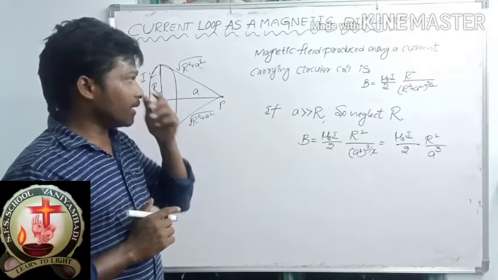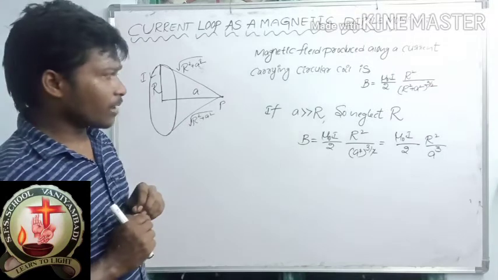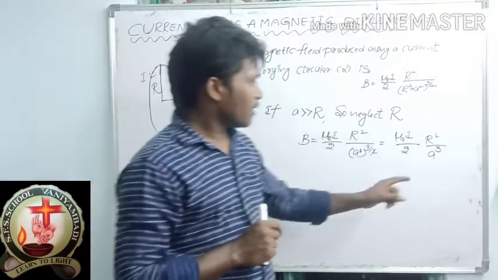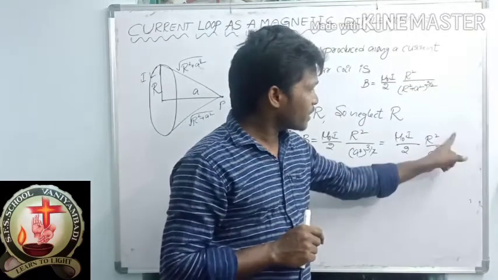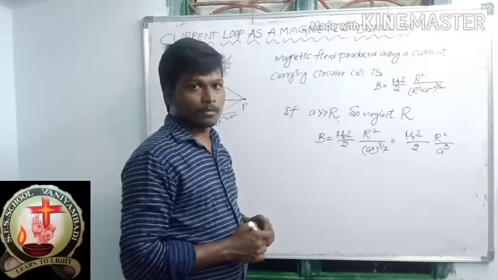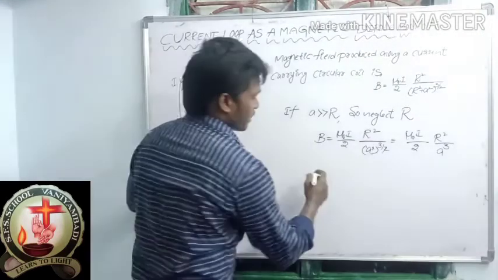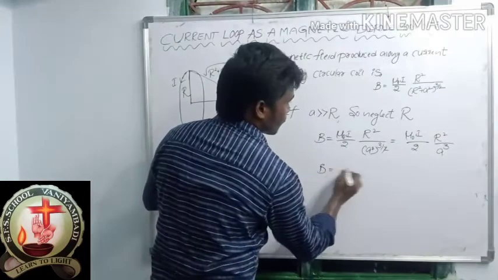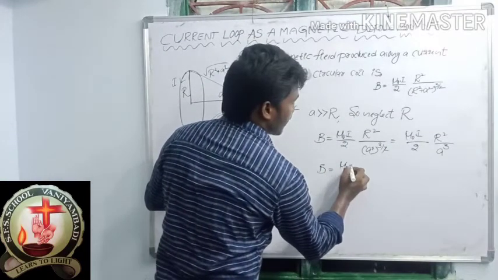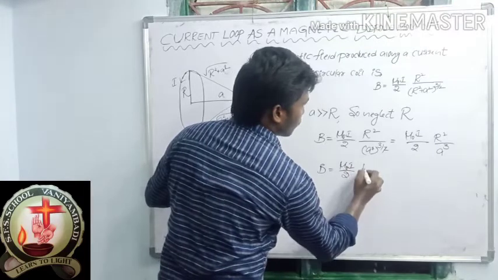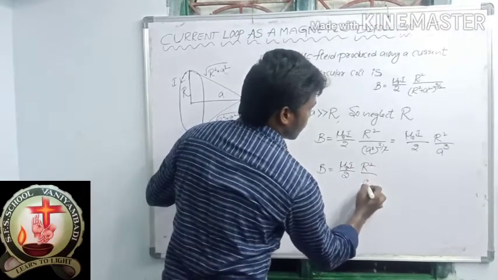So what is the final expression here? B is equal to mu naught I by 2 into R square by A cube.